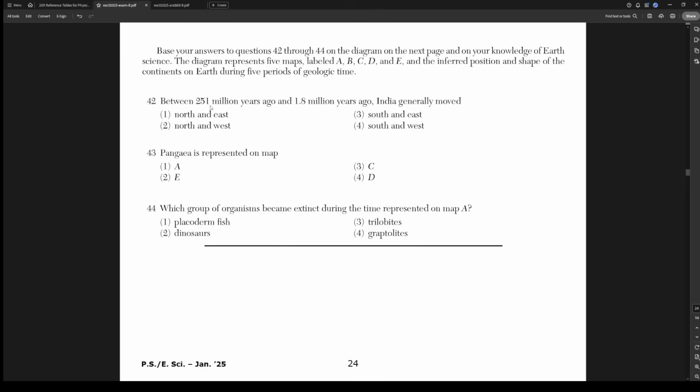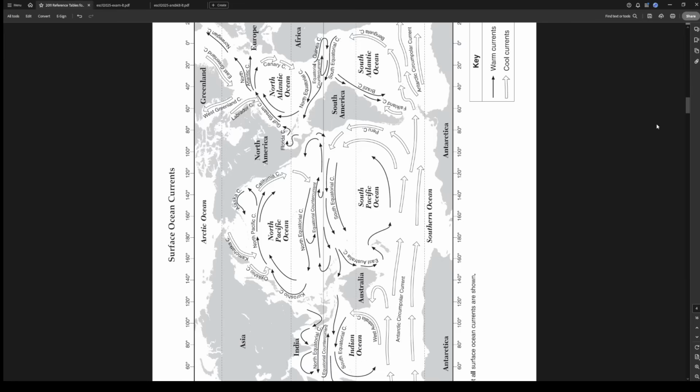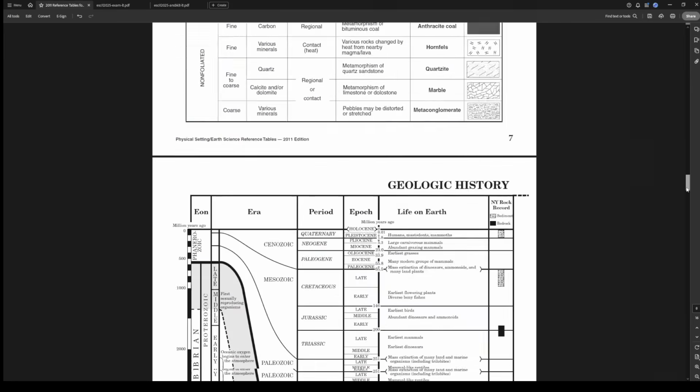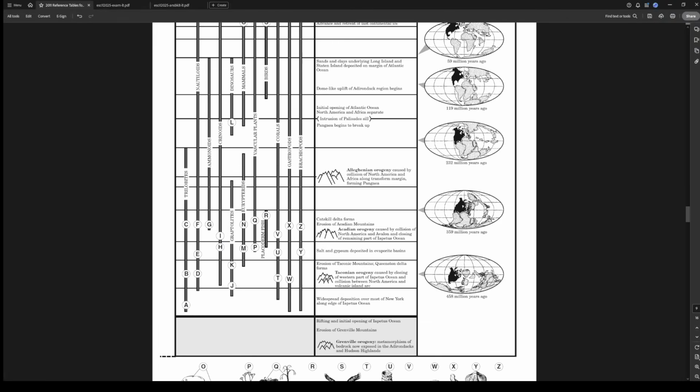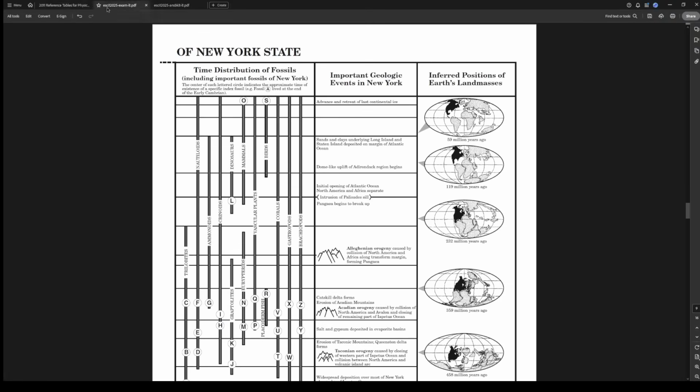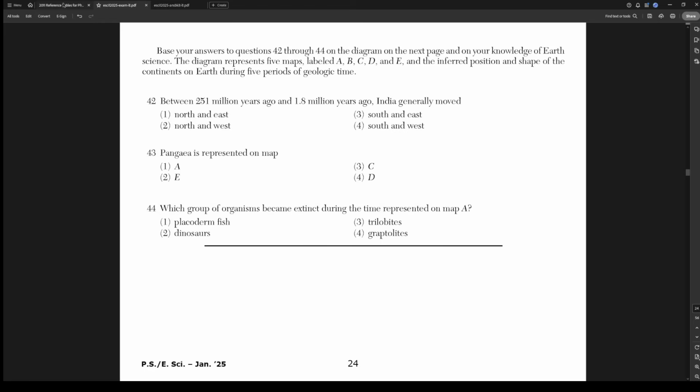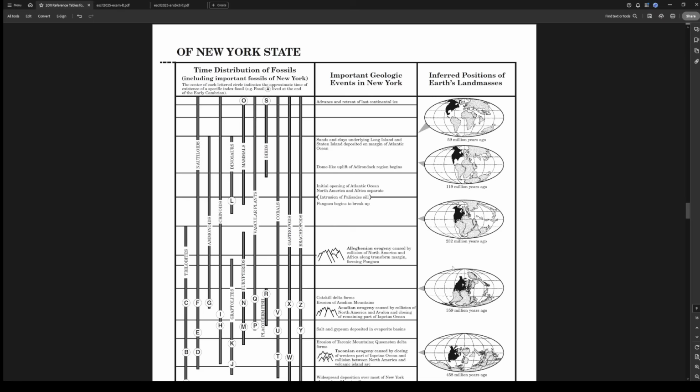All right. Between 251 and 1.8 million years ago, India generally moved which direction? Okay. We have to go to our geologic time scale, and we're going to look at this. So what do we need? 251 and 1.8. So like from here to now. India. Why would they put this as a question? That is brutal.